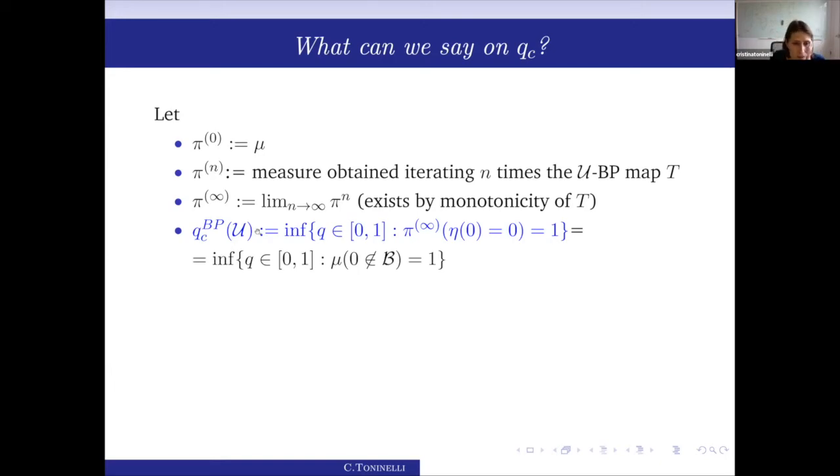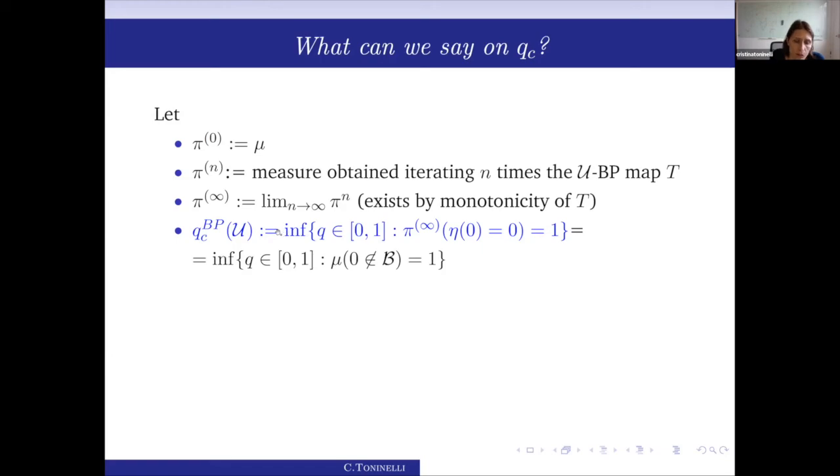And there is a critical density which separates the regime in which, on this limit measure, the probability that a chosen site, say the origin, is empty is equal to 1, from the regime in which it is smaller than 1.